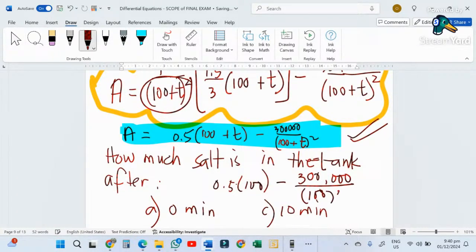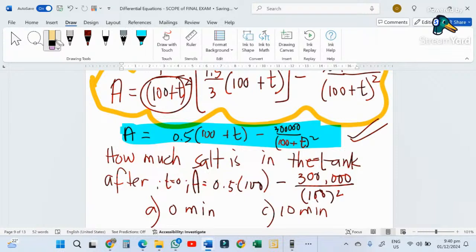Why 100 squared? Because t is 0. When t is equal to 0, the amount of salt A is equal to 0.5 times 100 minus 300,000 over 100 squared. Let's calculate this one.